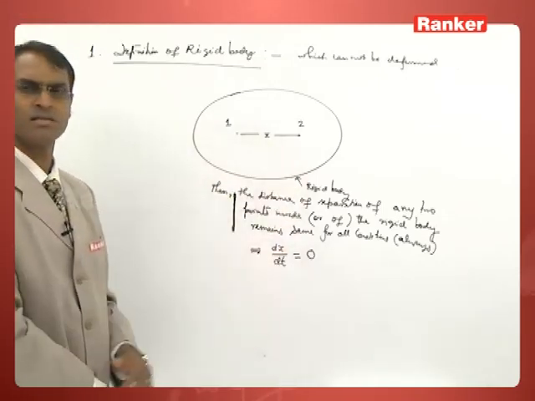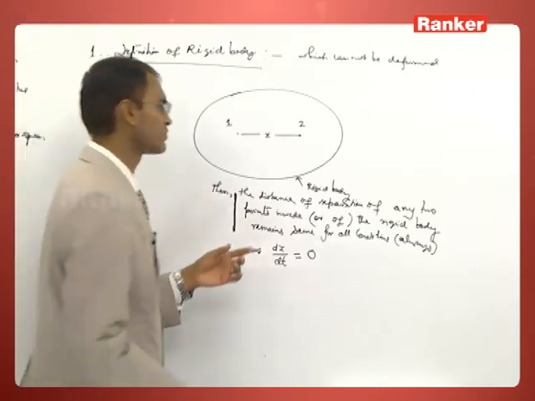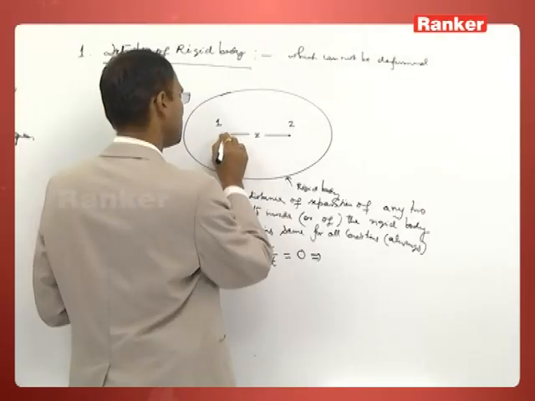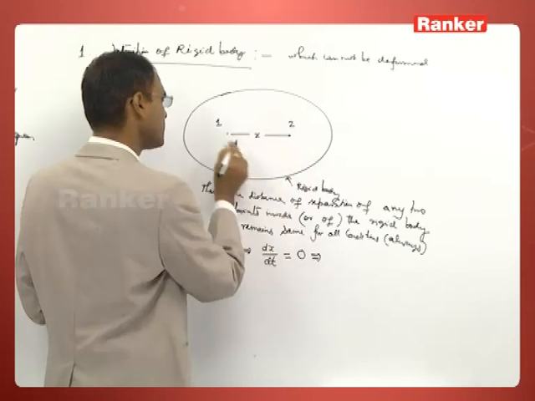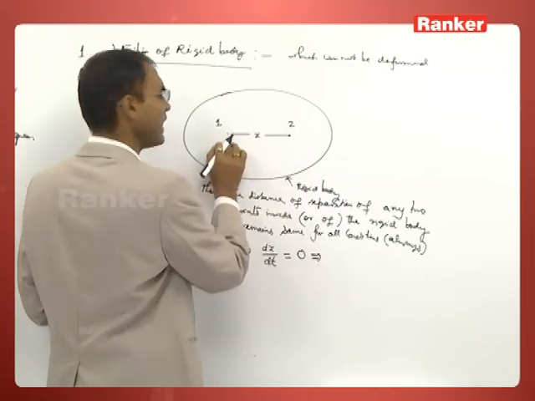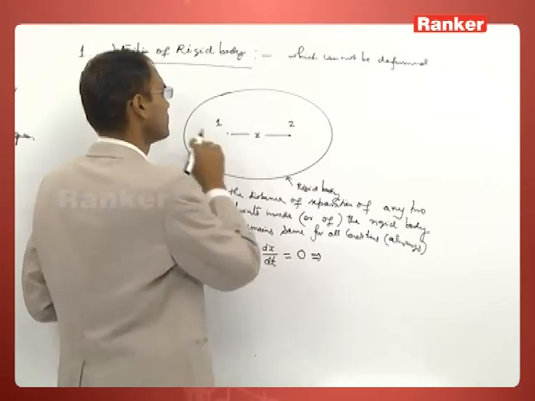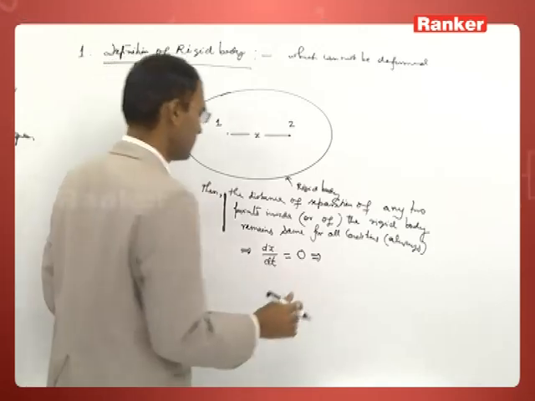But what does this signify physically? This signifies physically that the relative motion or relative velocity between any 2 points of the rigid body along the line of separation is 0.